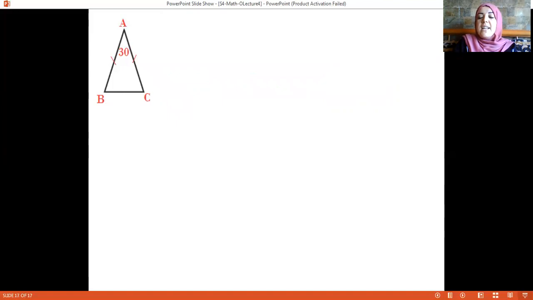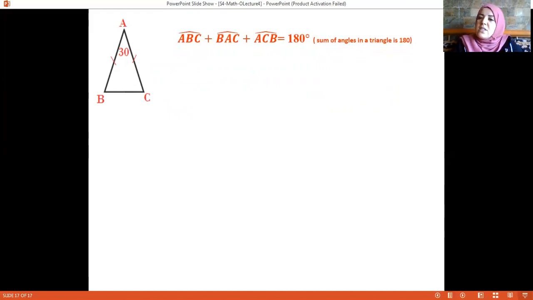And now the last example. We have an isosceles triangle ABC of main vertex A. How did we know that of main vertex A? Because AB equals AC. And now ABC equals ACB also because it's an isosceles triangle. Let us start step by step. So we are going to say that ABC plus BAC plus ACB equals 180 because the sum of angles in a triangle is 180. Now let us put the given.